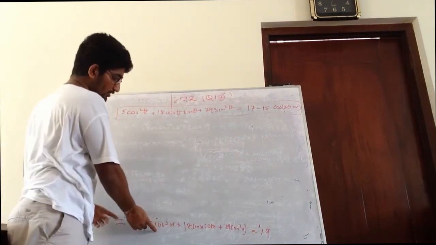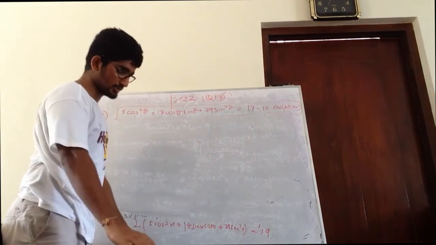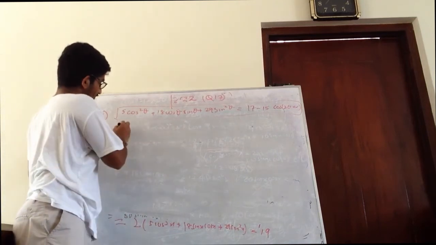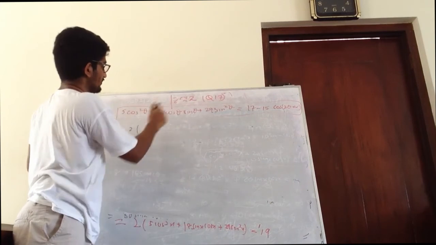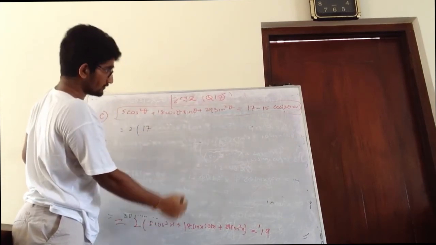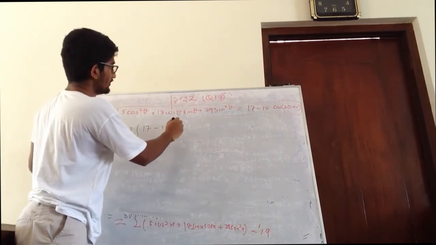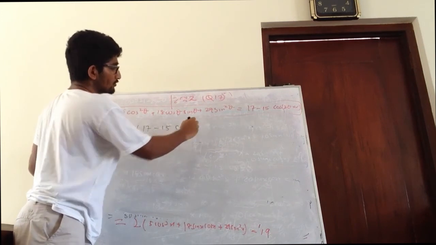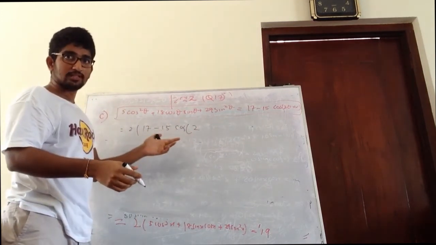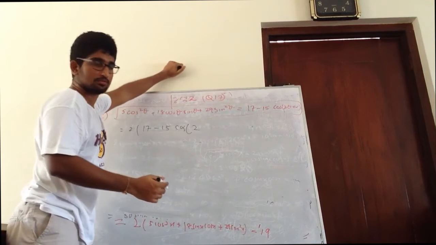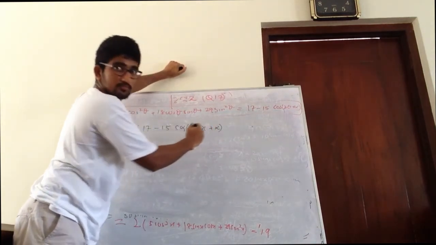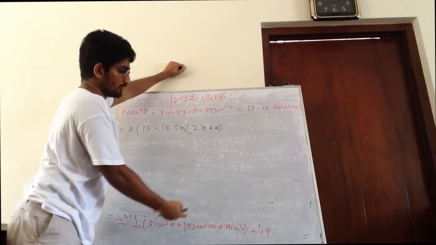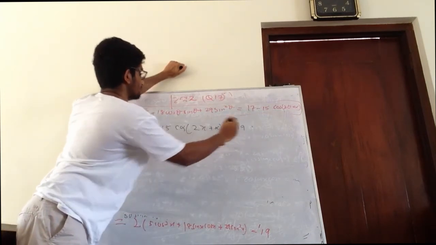So what I'm going to do is substitute this 2 times this part, that is this one: 17 minus 15 cos 2x, not 2 theta, this is 2x, because this is x now, equals 9.